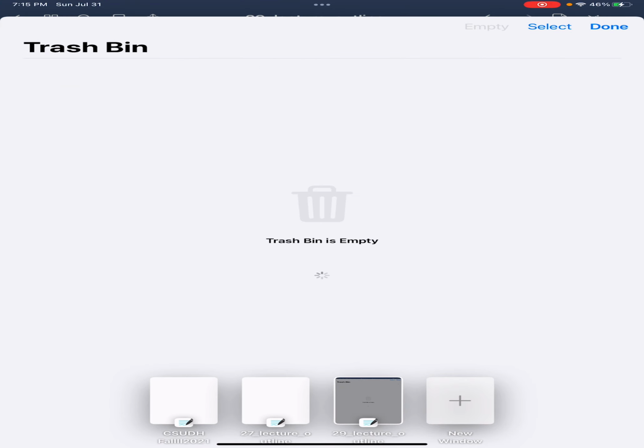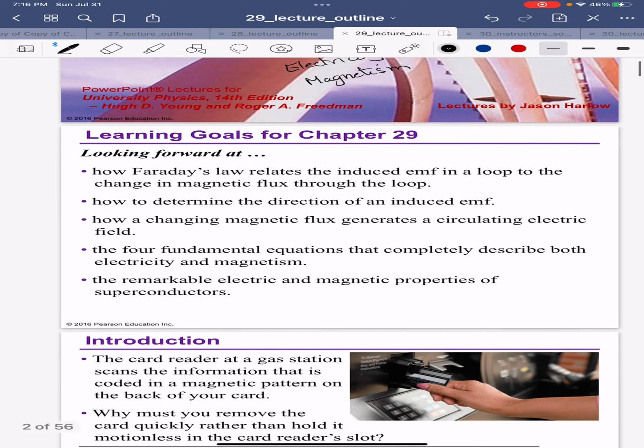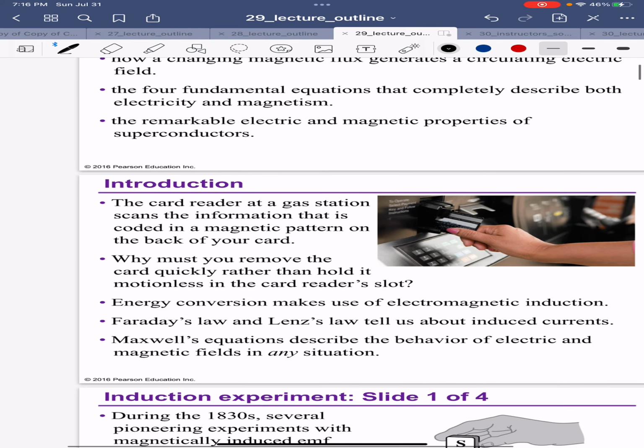We are going to talk about the changing in the flux, which will generate a circulating electric field. We are going to talk about the 4 fundamental equations that completely describe electricity and magnetism, and also maybe something about superconductors.